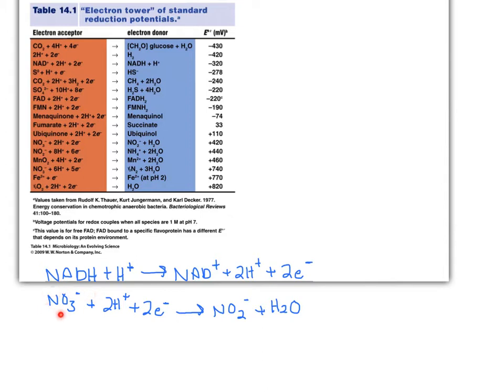So here is our electron acceptor, and it's getting its electrons from NADH. So this is our electron acceptor being reduced. And if I were to put this question on the exam, you would need to just write right next to the equation electron acceptor being reduced. Likewise, this is our electron donor being oxidized.